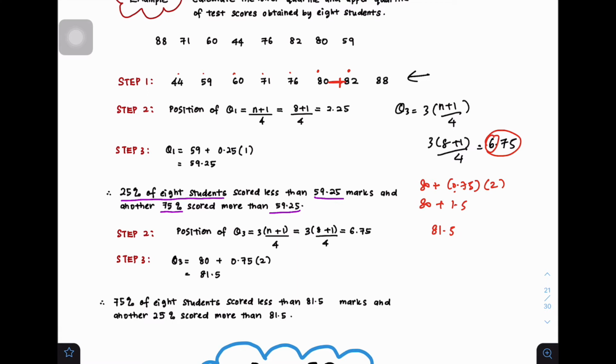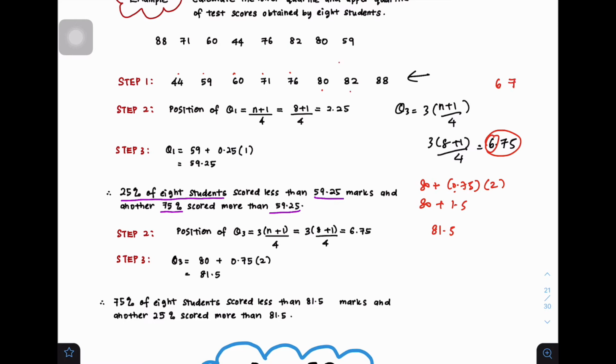81.5. Okay, maksudnya kita punya Q3 terletak di sini. Kita dah check tadi pada position 6.75. Okay, sorry, bukan kat sini, sebelah ni. Pada position 6.75 antara data ke-6 dan data ke-7. So ni data ke-6, data ke-7.